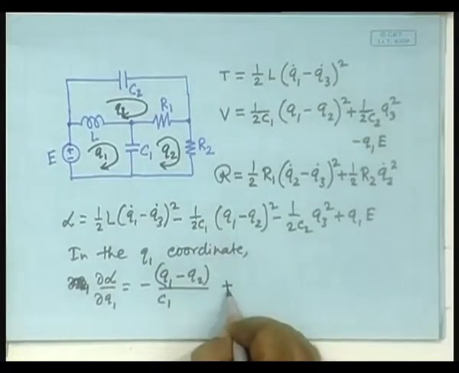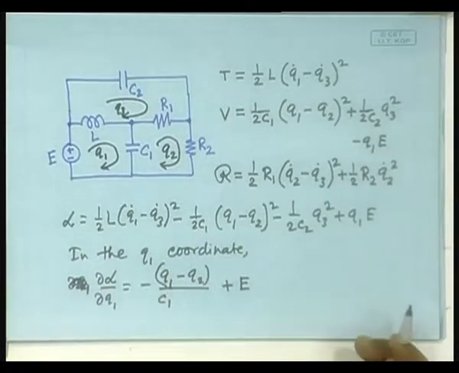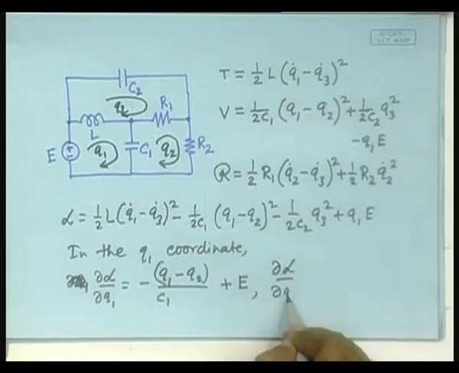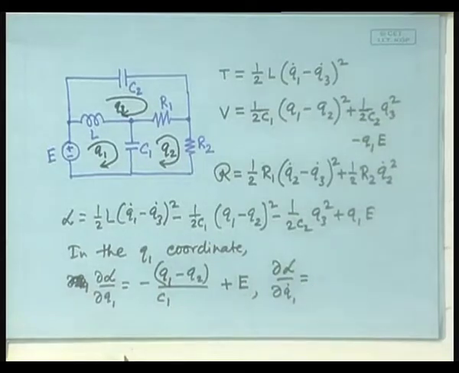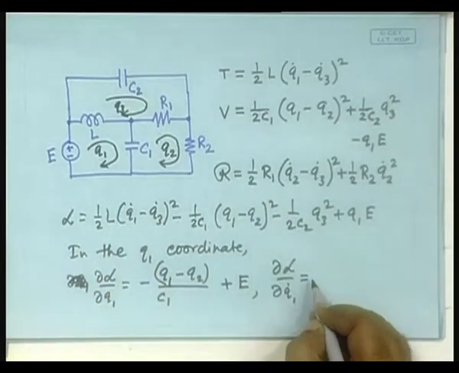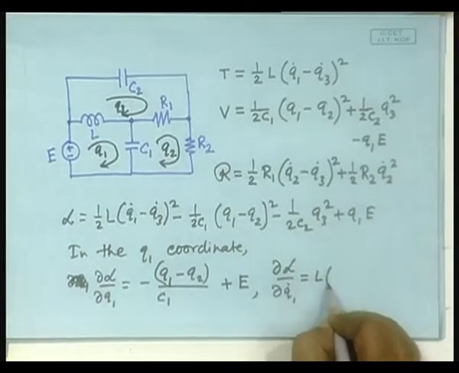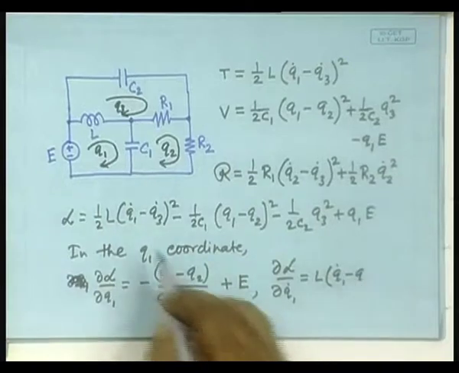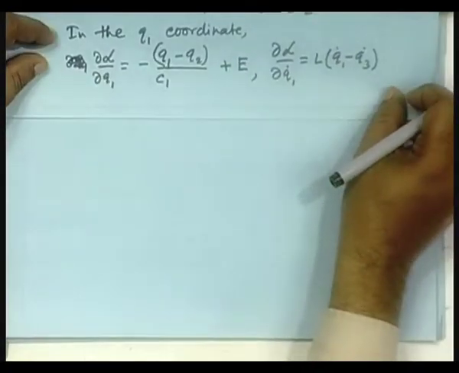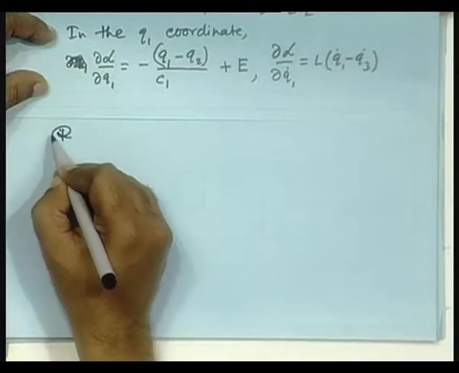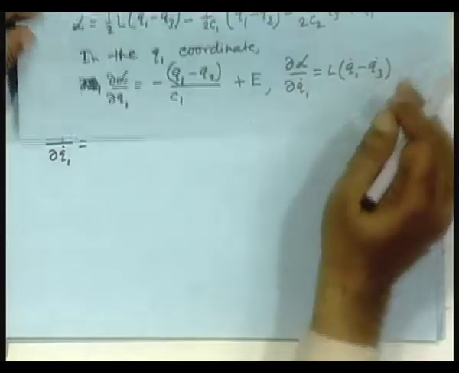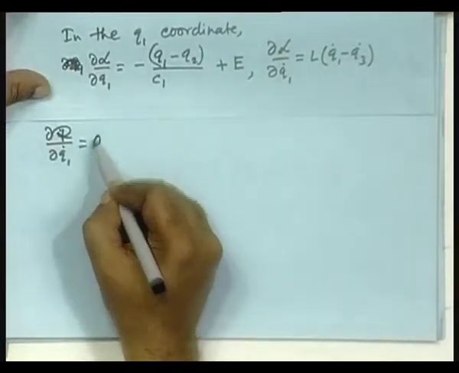The derivative with respect to q1 dot is L into (q1 dot minus q3 dot), and your Rayleigh function, what is the Rayleigh function? Independent of q1 dot. Yes, it is independent of q1 dot, so 0.